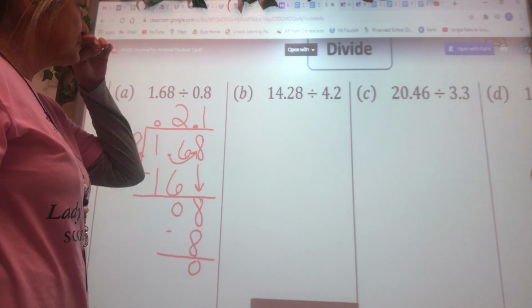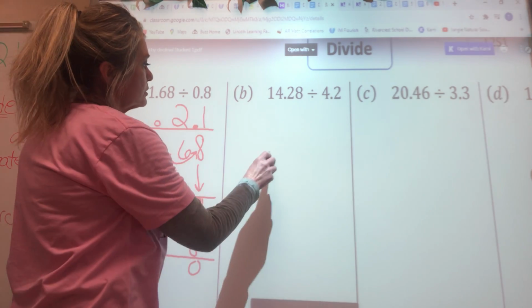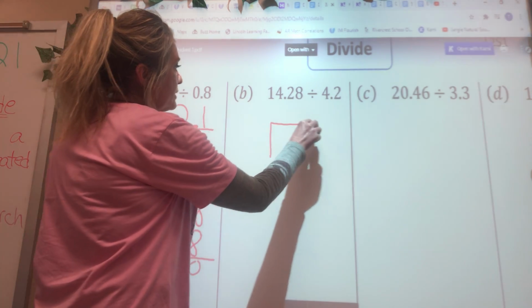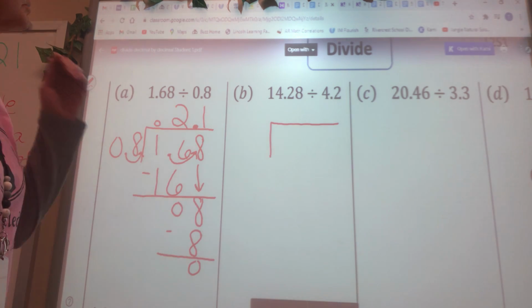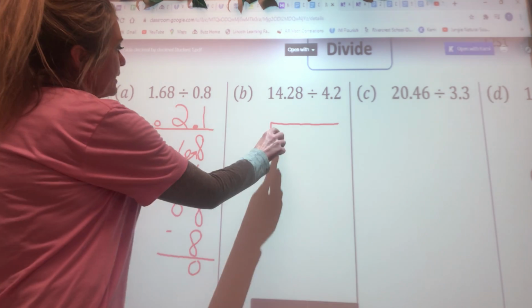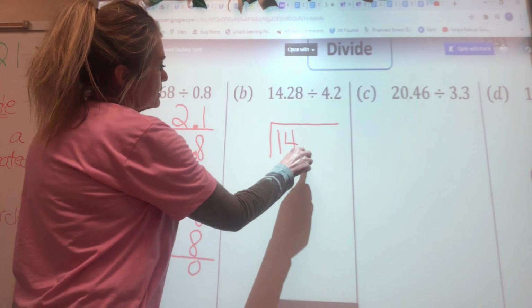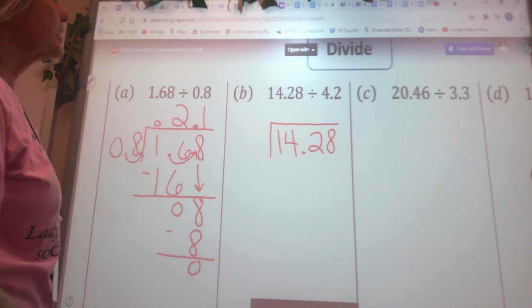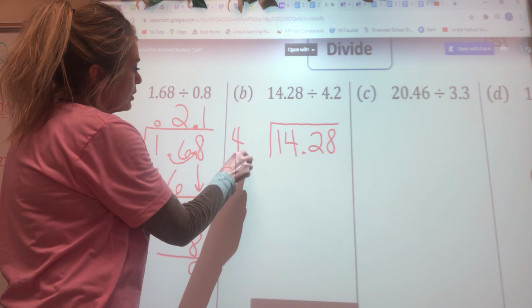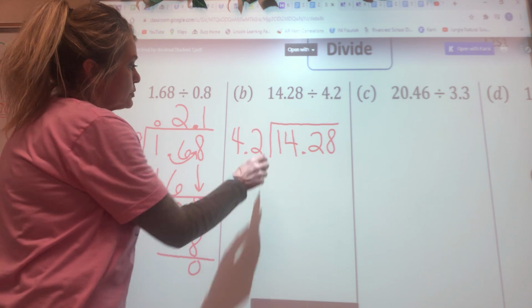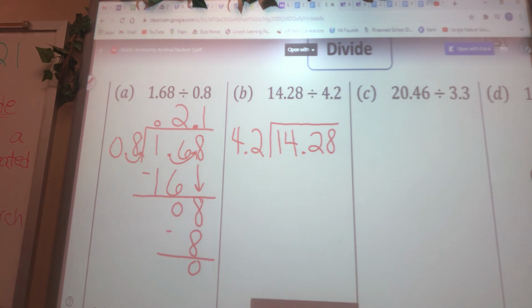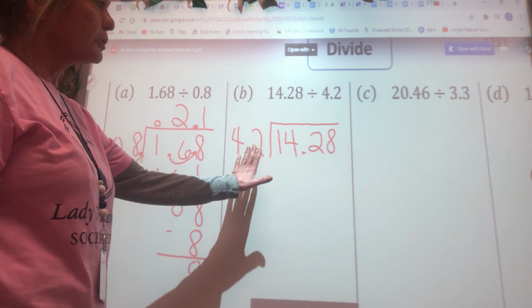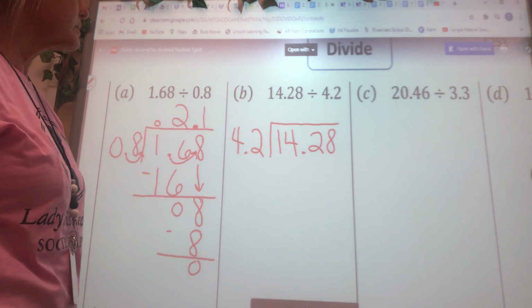Okay, the next one. Again, when it's horizontal, we always want to turn it into a standard division box. We have 14.28 divided by 4.2, or 42/10. We follow that same process. It's easier to work with it if we're looking at it like a whole number on the outside.